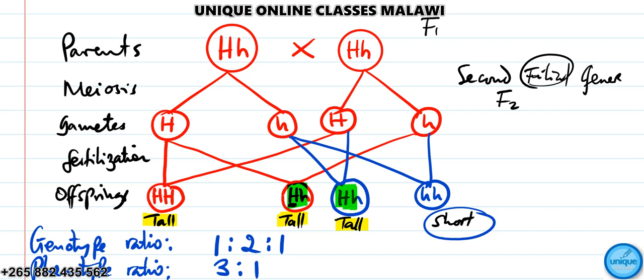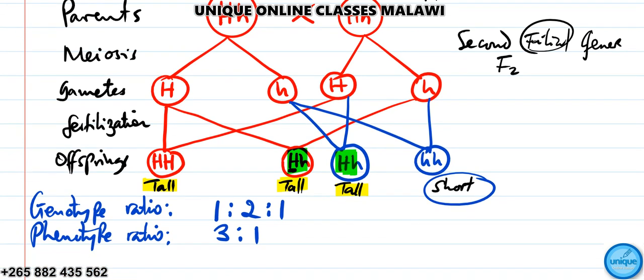Ndi mutadzafunsidwa pamayeso without drawing a genetic diagram, amadzafunsa what are the characteristics of F2 generation, mudzangodziwa kuti they have a phenotype ratio of 3 to 1 and a genotype ratio of 1 to 2 to 1. That's what happens here. So that's the thing about these things.